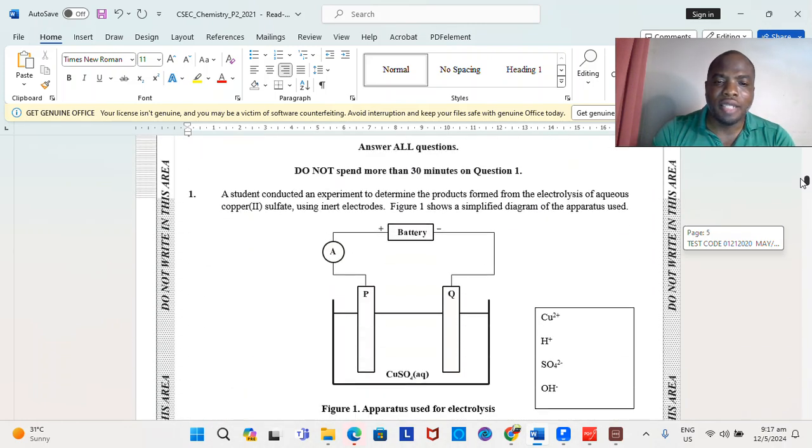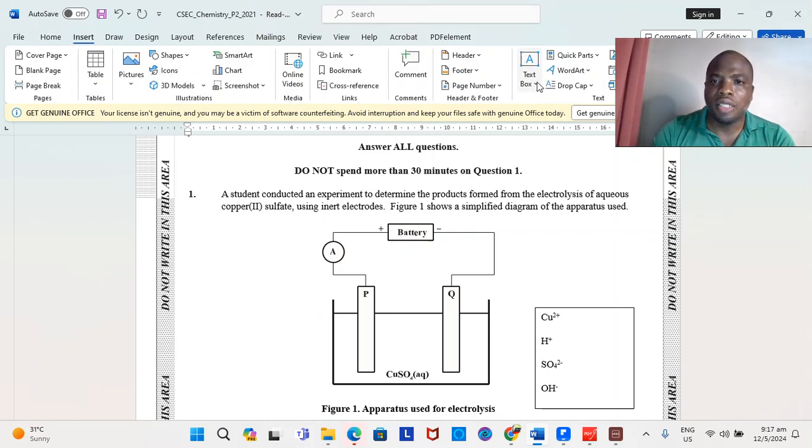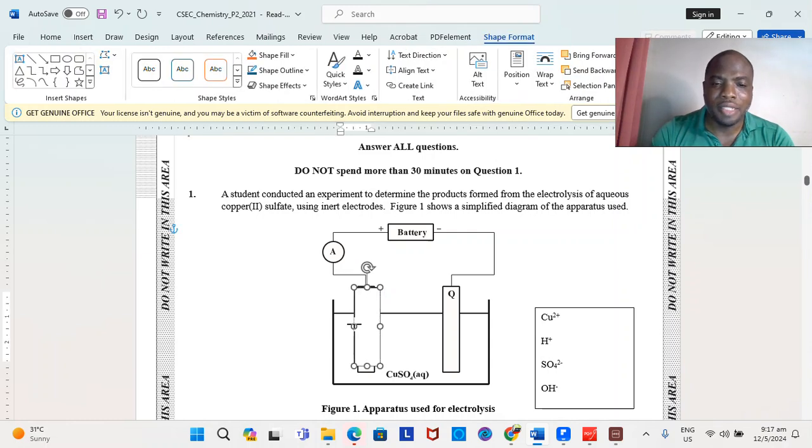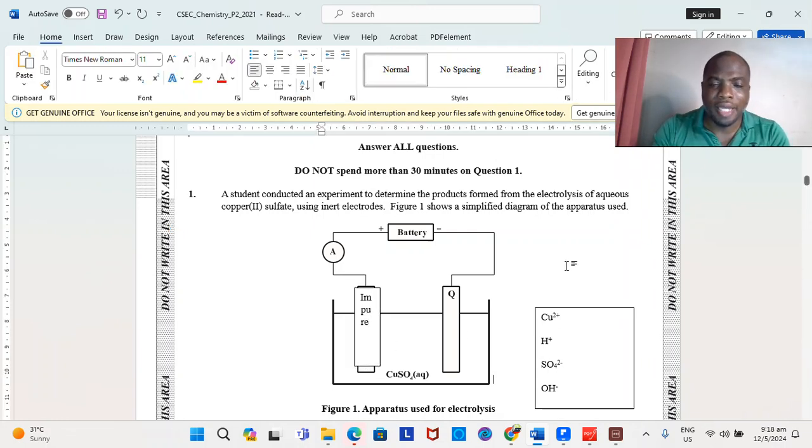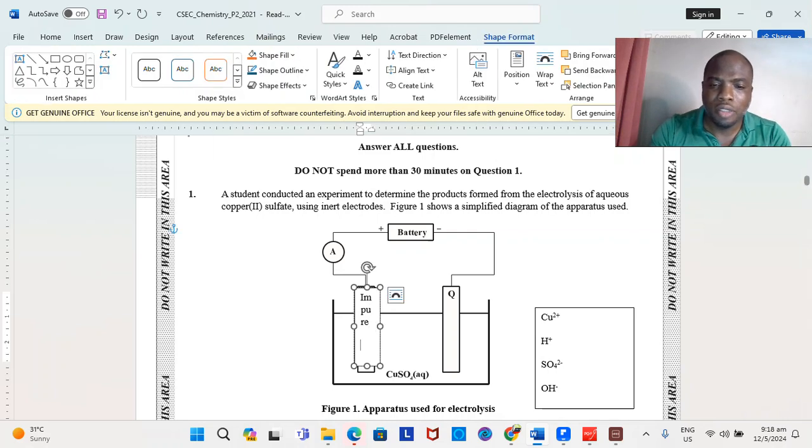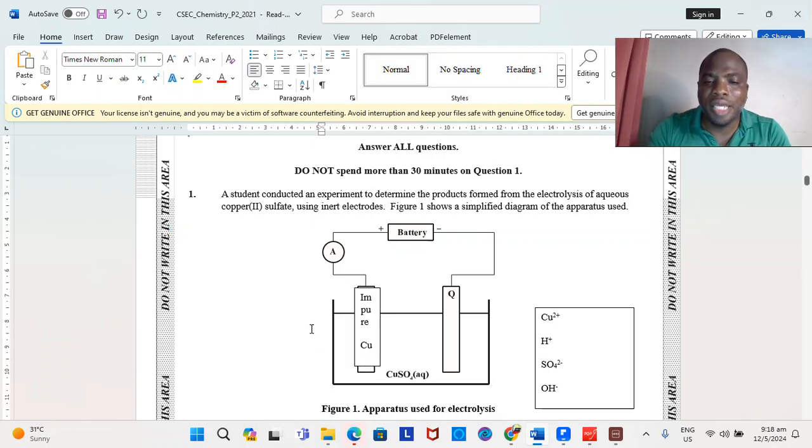So the modification that we would now do to get that purification occurring: instead of this being made out of graphite, we would place the impure copper material at the anode.